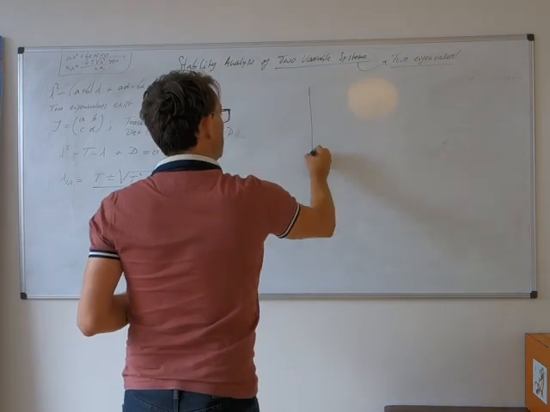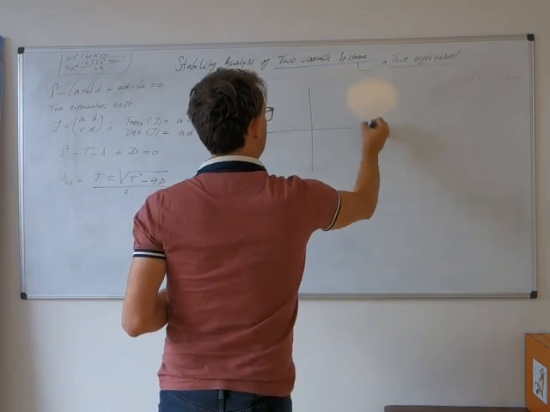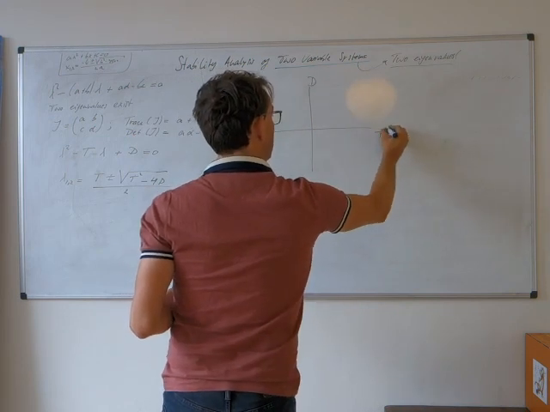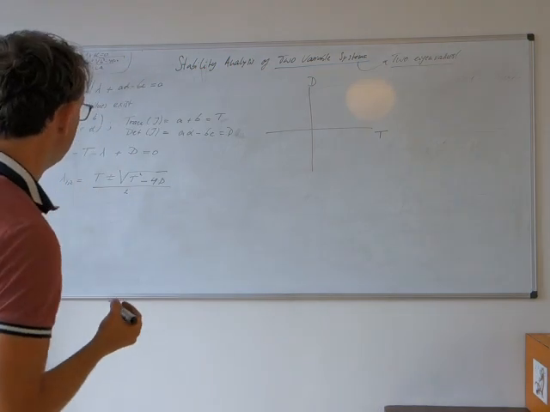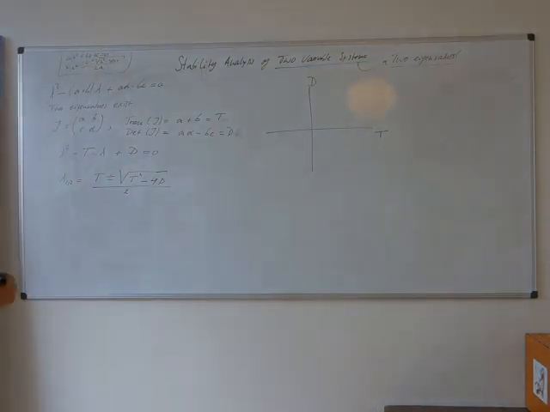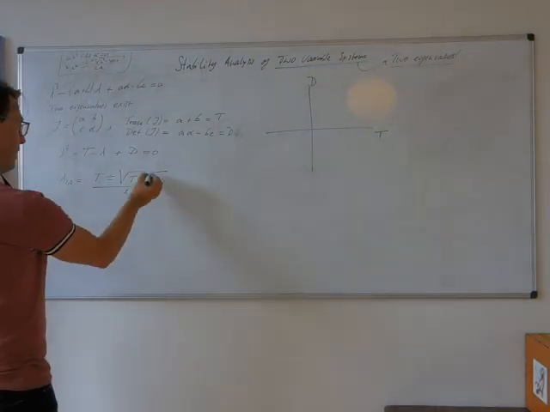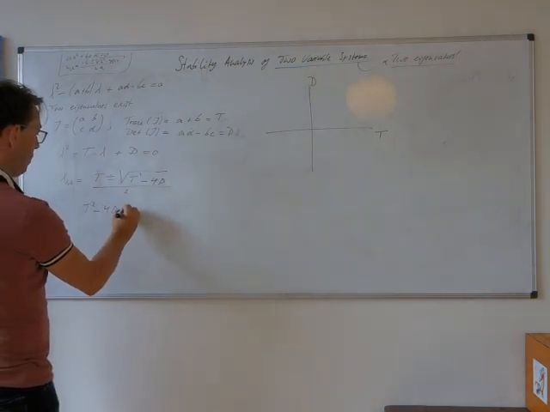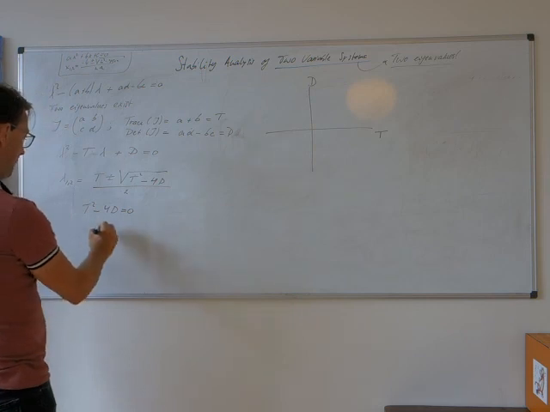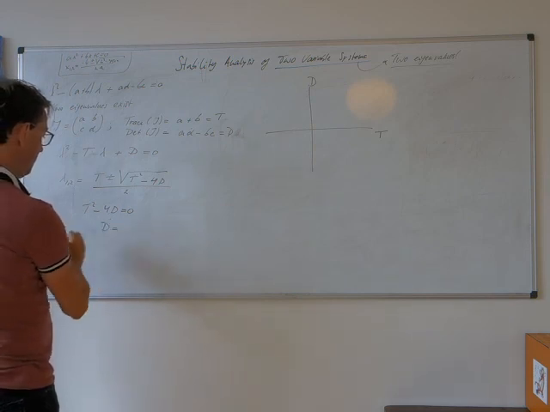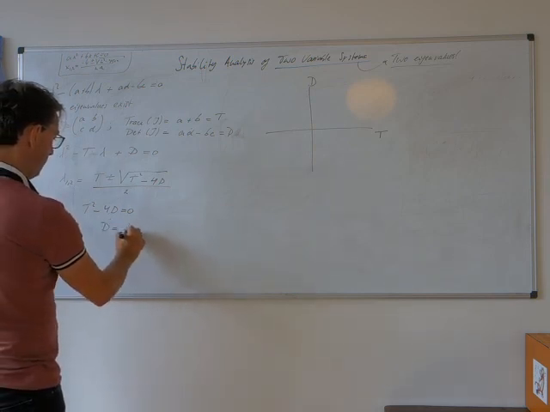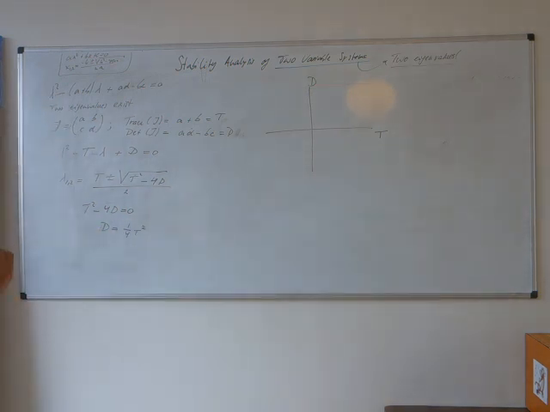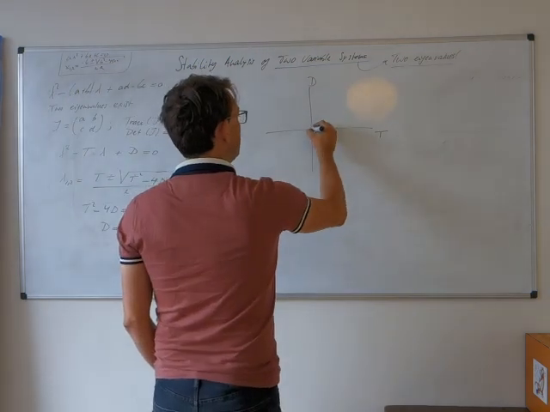Now we can make a plot of the determinant and the trace. And we can look at this part, so we can say, look, T squared minus 4D, when is that 0? Well, that's when D equals 1/4 T squared. Okay. So that is this.